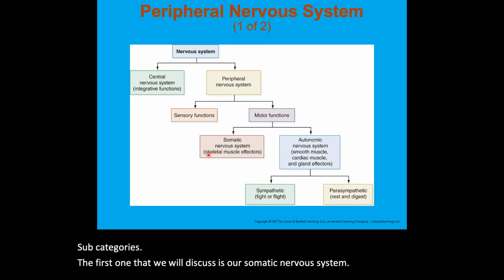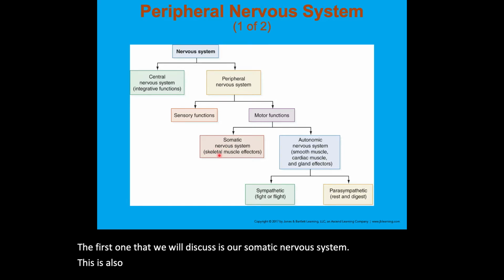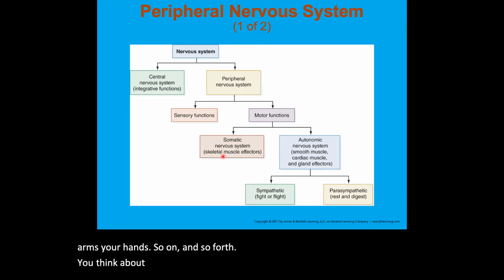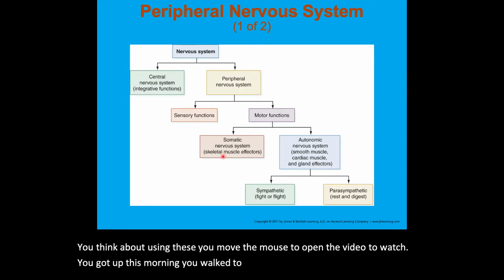This is also known as our voluntary skeletal muscle movement. So your legs, your arms, your hands, so on and so forth. You think about using these. You move the mouse to open the video to watch. You got up this morning, you walked to the bathroom.